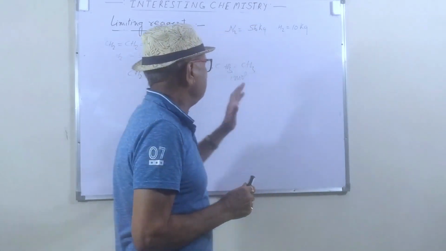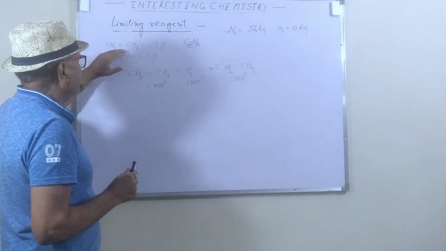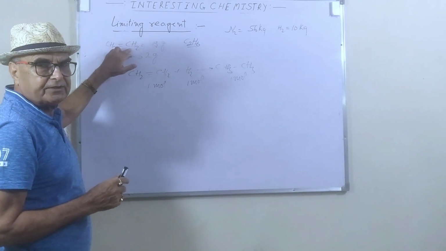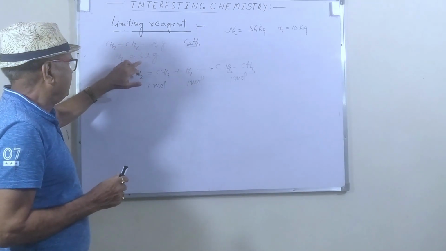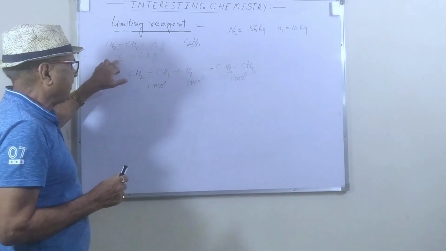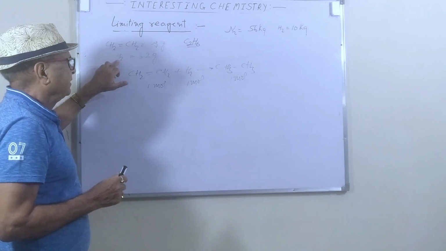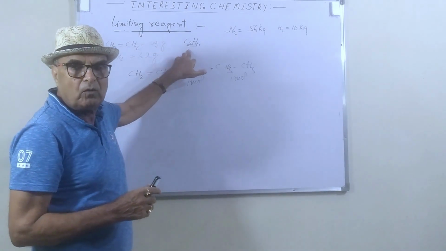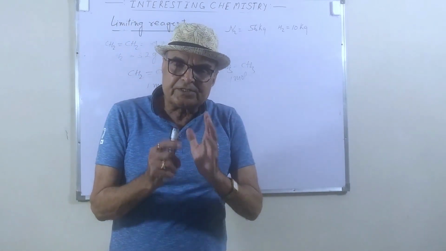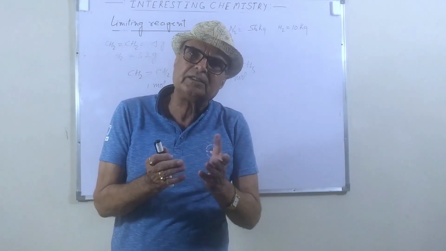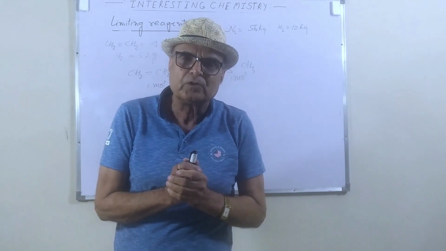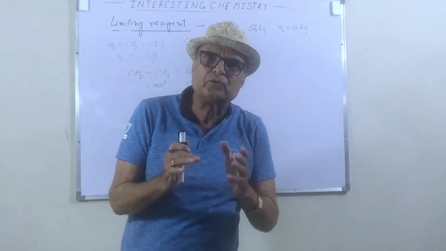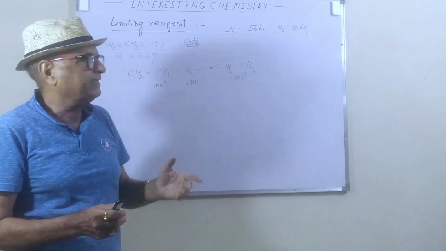The first numerical is: when 49 gram of ethene is treated with 3.2 gram of hydrogen, what amount of ethane will be formed, and also decide the limiting reagent in this chemical reaction. To solve this, first of all, you have to write the balanced chemical equation.